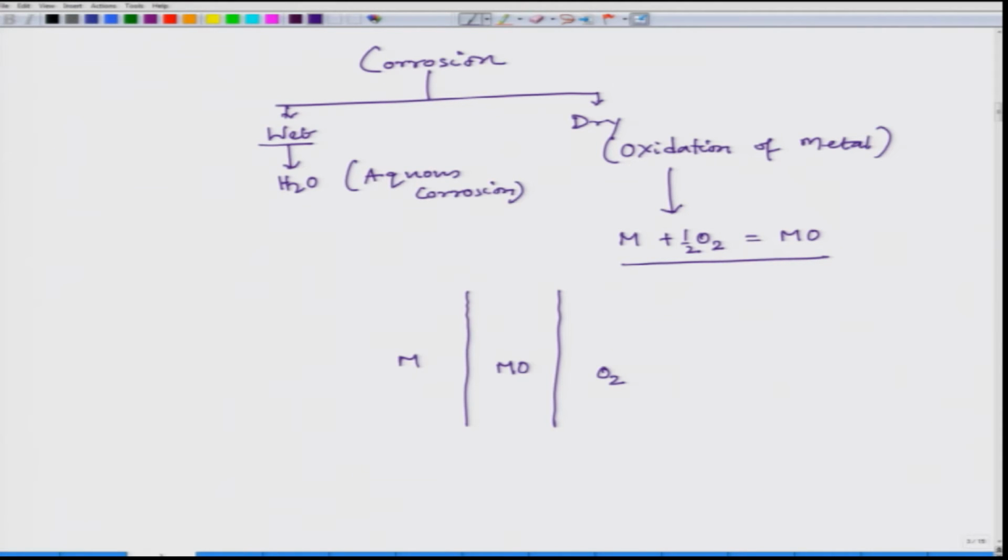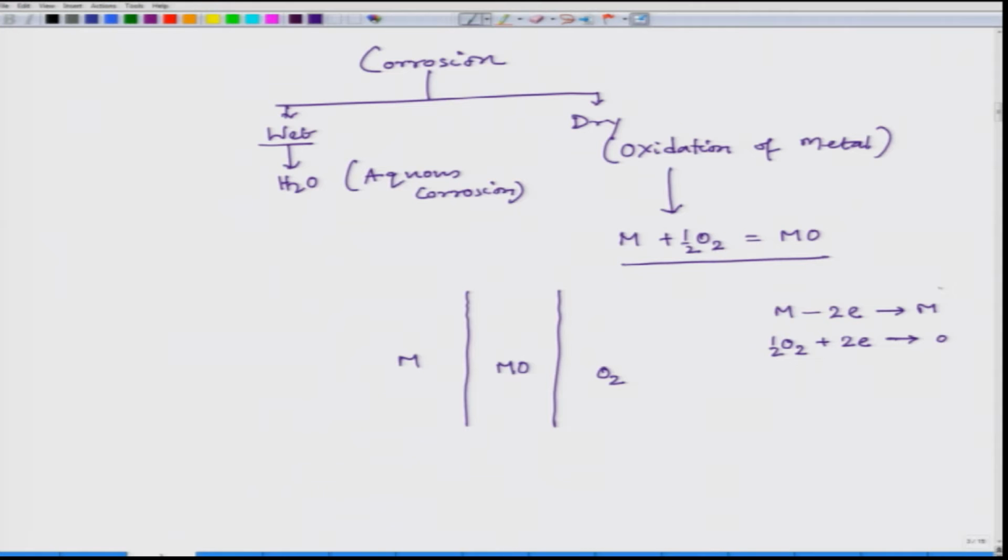Now, in the beginning, if we consider that there was nothing but a metal surface, we have M going to leave 2 electrons and forming M2+. And if we consider half oxygen, that means 1 oxygen atom, it takes 2 electrons and forms O2-.